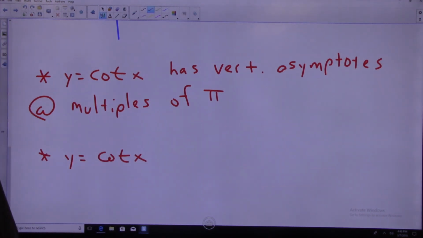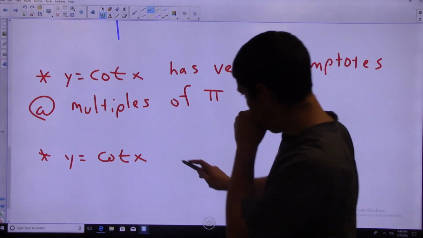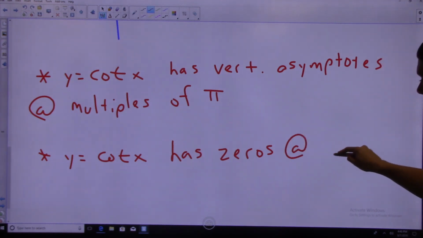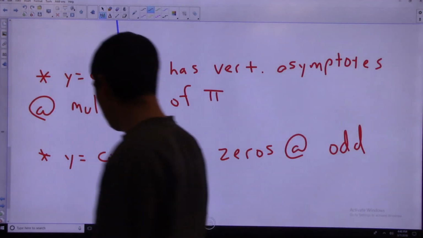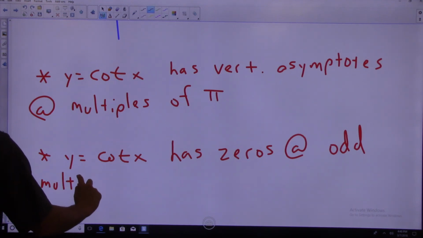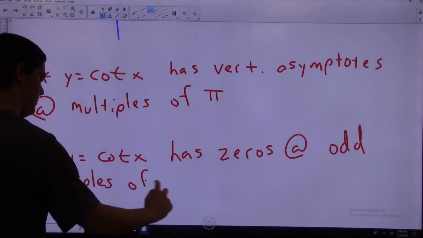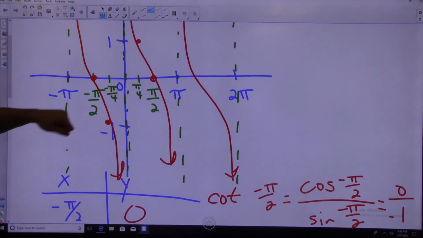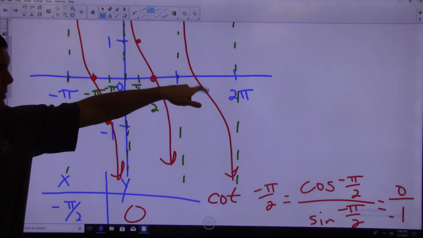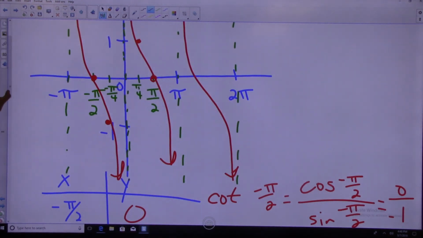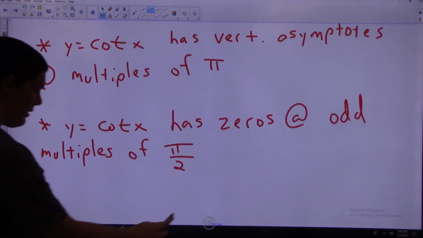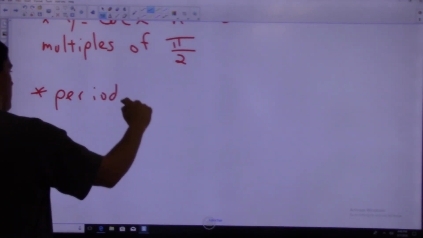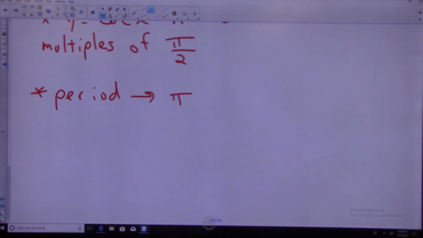Y equals cotangent of x has zeros at odd multiples of pi over 2. Hopefully you can see that. So the zeros are going to be here, here. The next one would be 3 pi over 2. The next one would be 5 pi over 2. And then the last thing is the period again. The period of cotangent is pi.